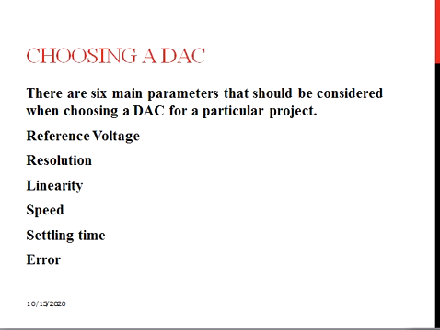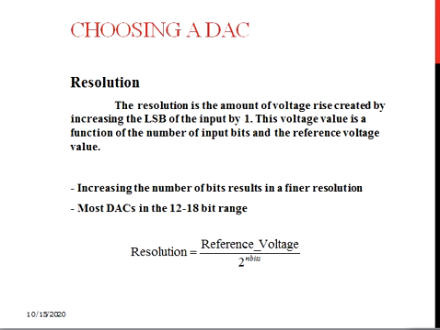In a digital to analog converter, there are different parameters we need to consider: the reference voltage, the resolution, the linearity, the speed at which the conversion is processed, the settling time, and error. The resolution is the amount of voltage rise created by increasing the least significant bit of the input by 1.